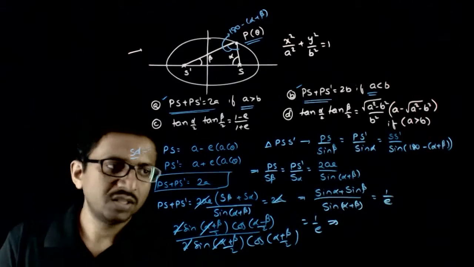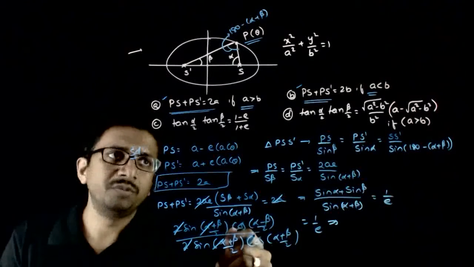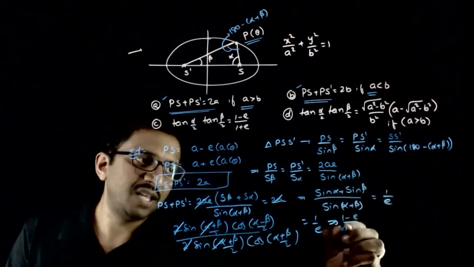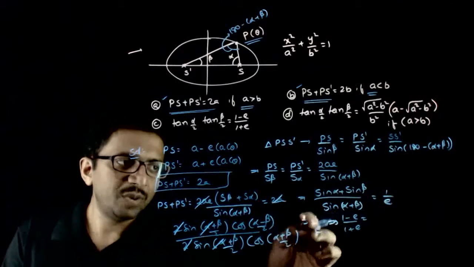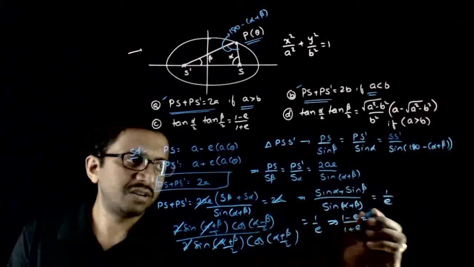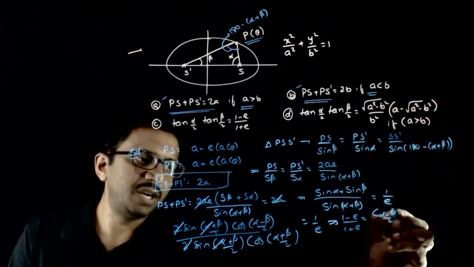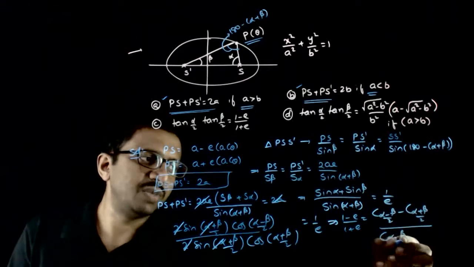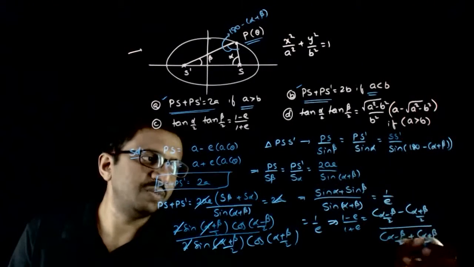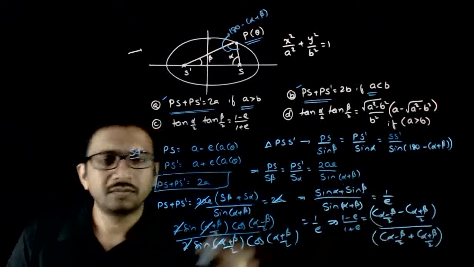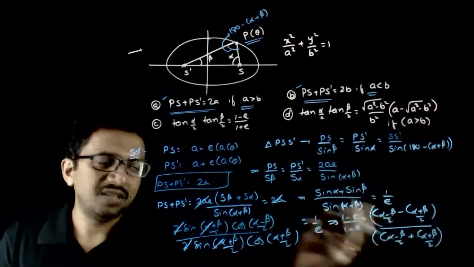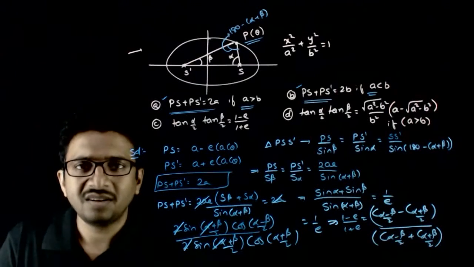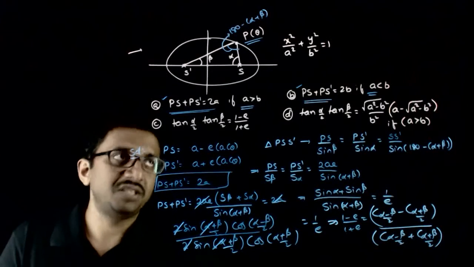Now if I apply componendo and dividendo, what is (1 minus E) by (1 plus E)? It is numerator minus denominator by numerator plus denominator, that is cos of (alpha minus beta) by 2 minus cos of (alpha plus beta) by 2, divided by cos of (alpha minus beta) by 2 plus cos of (alpha plus beta) by 2. So (1 minus E) by (1 plus E) is this. Now I can apply the trigonometric formula: cos C minus cos D is minus 2 sin (C plus D) by 2 sin (C minus D) by 2.